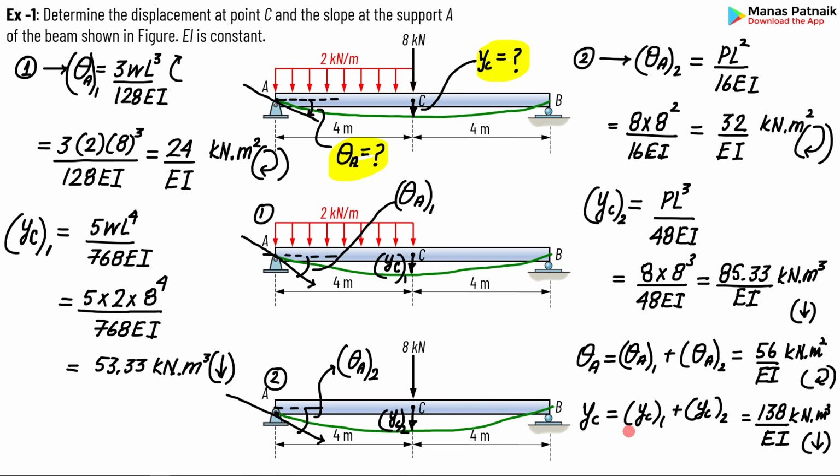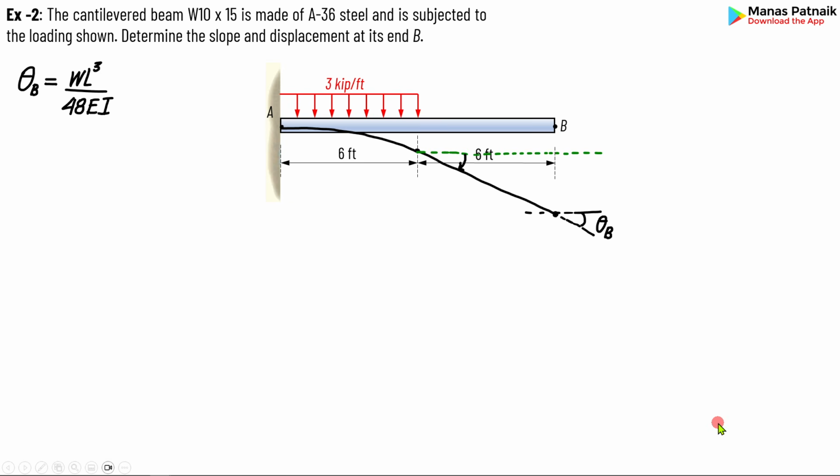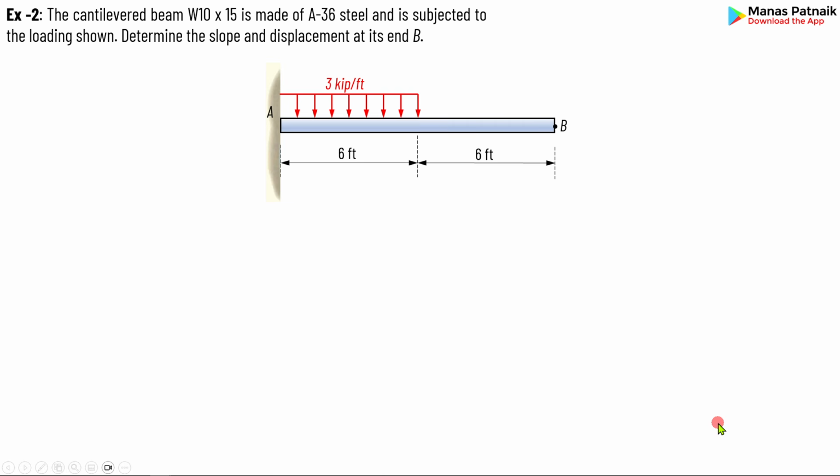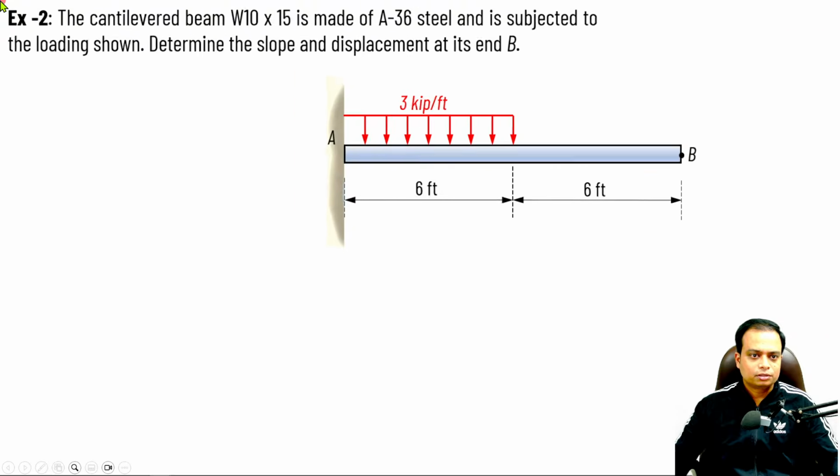Okay. All right. Now, the second problem is very interesting because you'll also get to understand how the tables for different I sections can be used. Have a look. So this is based on a cantilever beam. Let me zoom into this.